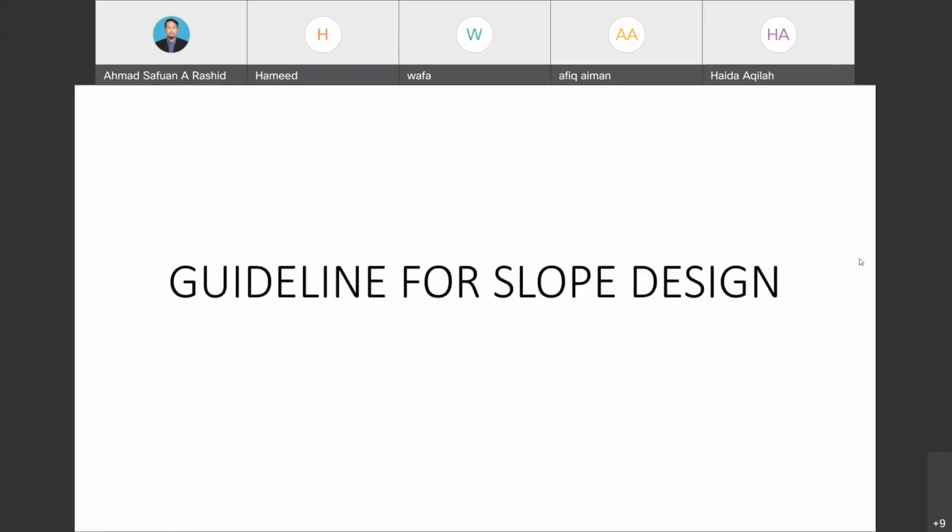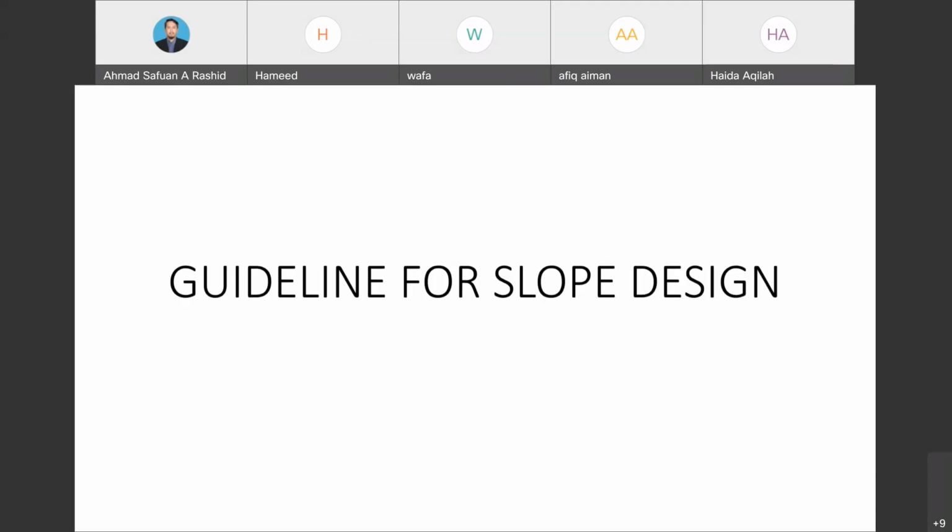Okay. So now we discuss the guideline for slope design. Actually, this guideline I obtained from the Public Work Department of Malaysia, under the slope engineering branch. In Malaysia we call it Cawangan Kejuruteraan Cerun, or CKC for short.